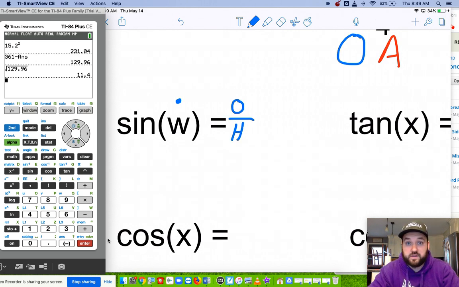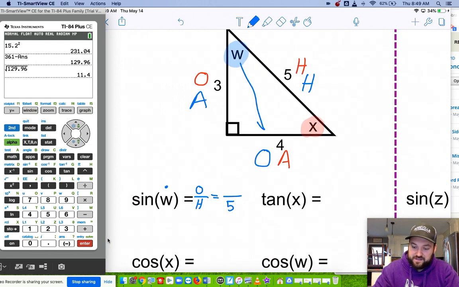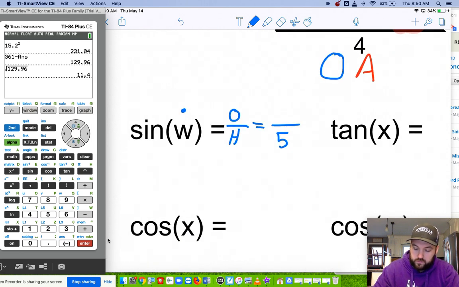So all I have to do is put the length of the side that is opposite to W divided by the hypotenuse. We knew the hypotenuse was 5, and the side that is opposite to W is the blue O, which is 4. So the sine of W is 4/5. That is all you have to do.